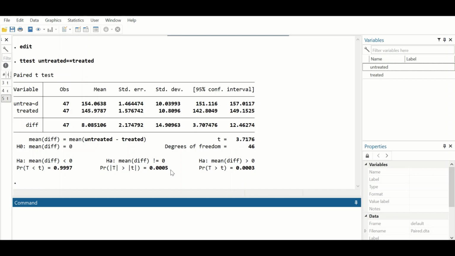So here we state that the drug has lowered the systolic blood pressure significantly in the treated group compared to the untreated group, as confirmed by the p-value and by the 95% confidence interval. So this is the way to do a paired t-test for two groups that are paired or related in STATA.